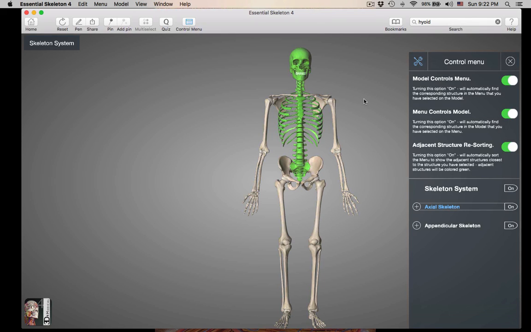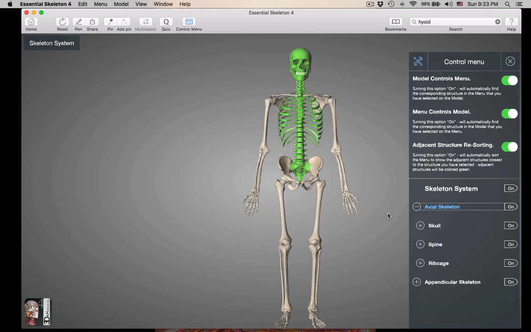Now, if you look at your master list, you're going to see there's two subdivisions of the skeletal system, the axial skeleton and the appendicular skeleton. So the axial skeleton forms the axis, A-X-I-S, of your body. It includes the skull, the vertebral column, the spine here, and the rib cage, the ribs and the sternum.